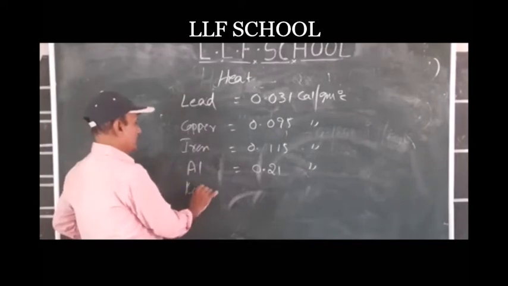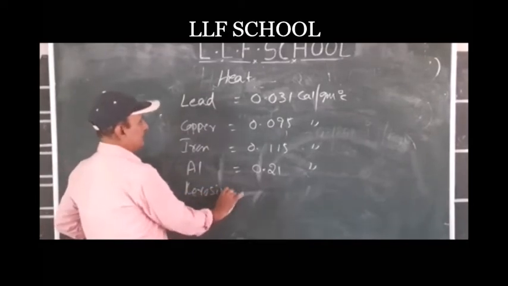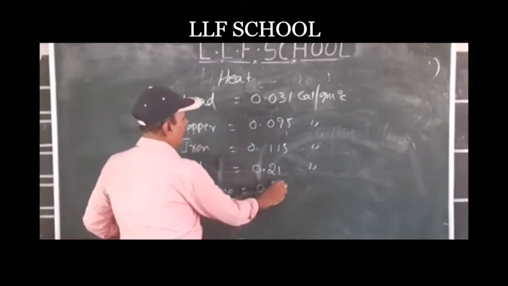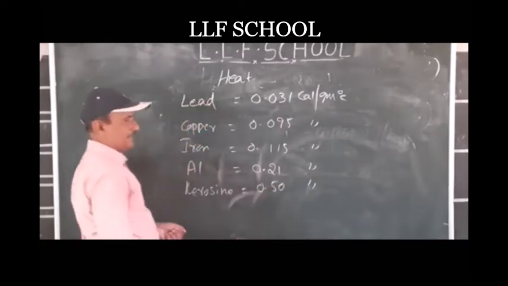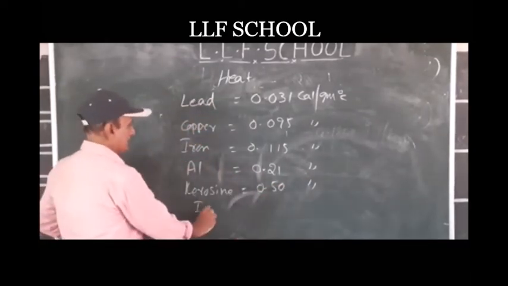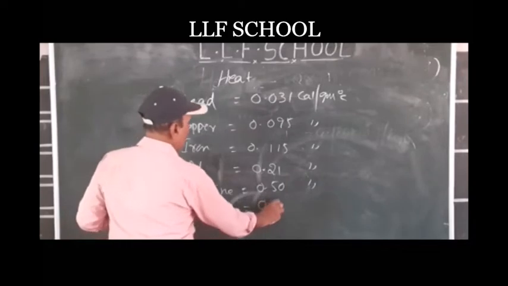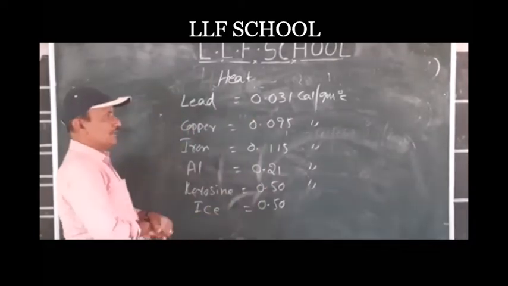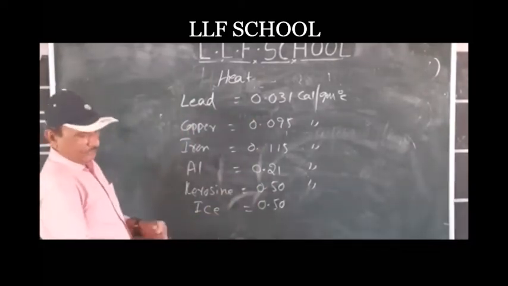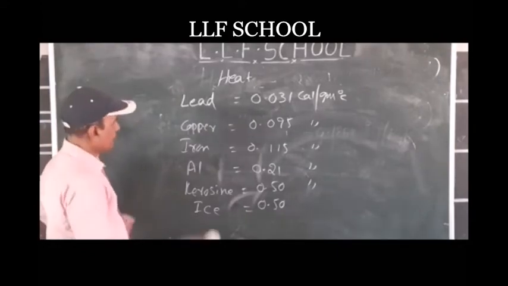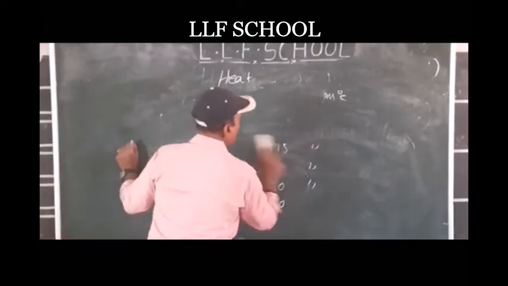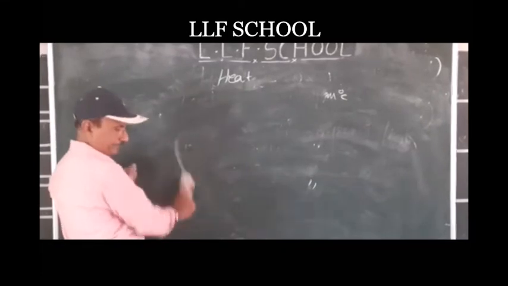Kerosene oil, 0.5 calorie per gram degree centigrade. Ice is 0.50 calorie per gram degree centigrade. Next, water.